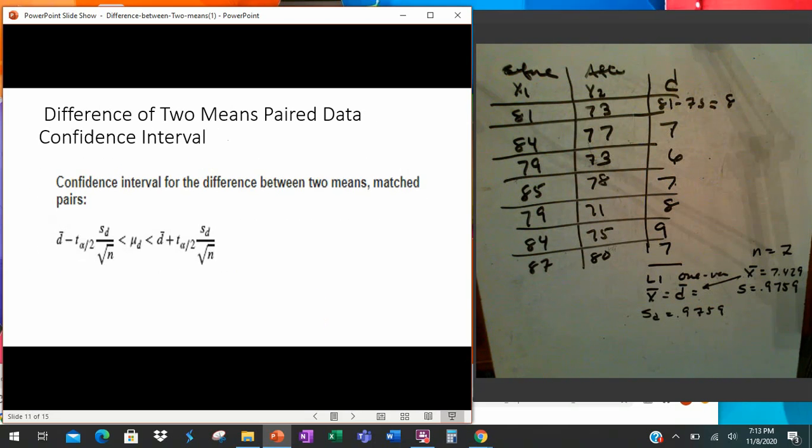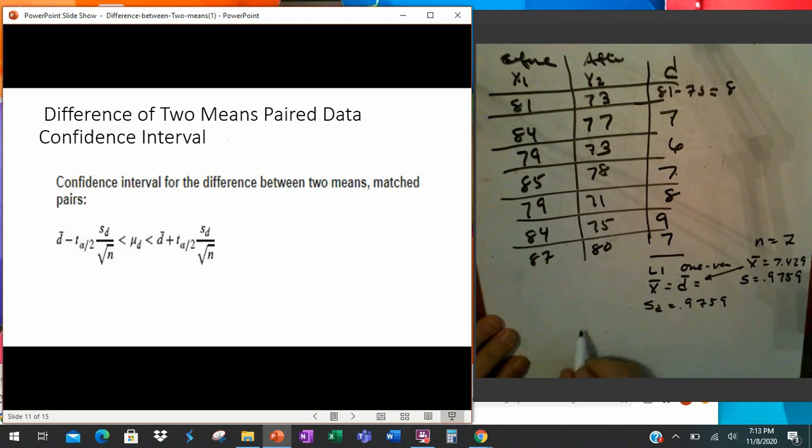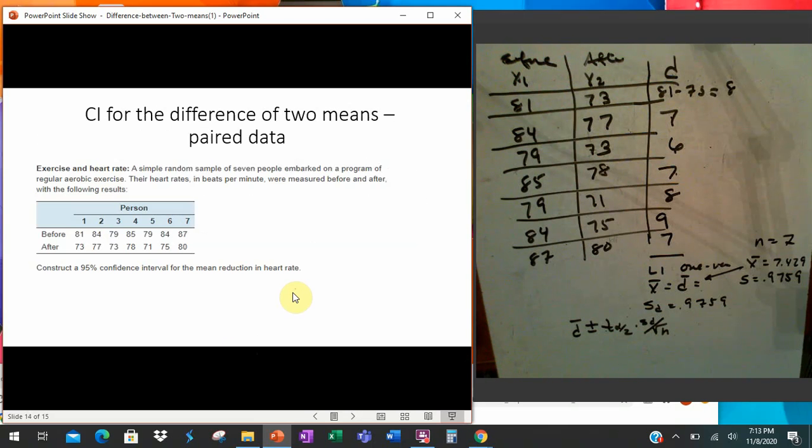So when I go back up, here's my D bar. This is for my margin: plus or minus t alpha over 2 times S sub D over the square root of n. So this looks just like the margin of error for a mean when I'm using the standard deviation. It was asking me to do this for a 95% CI.